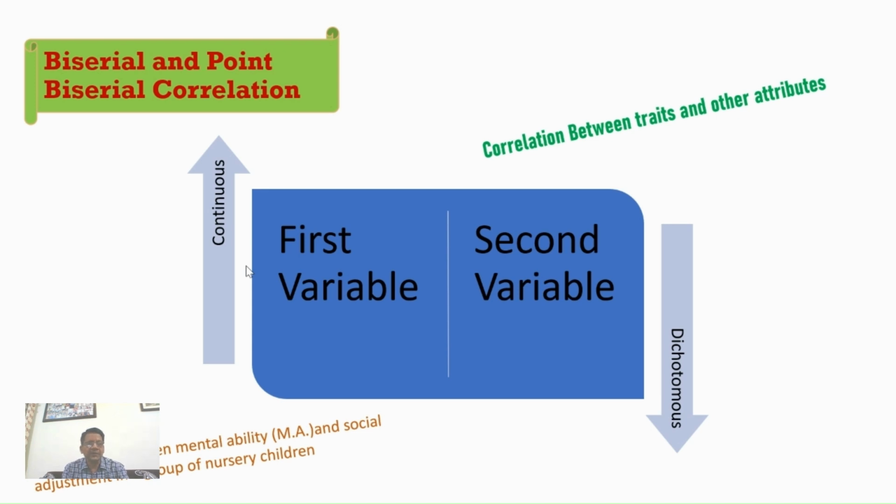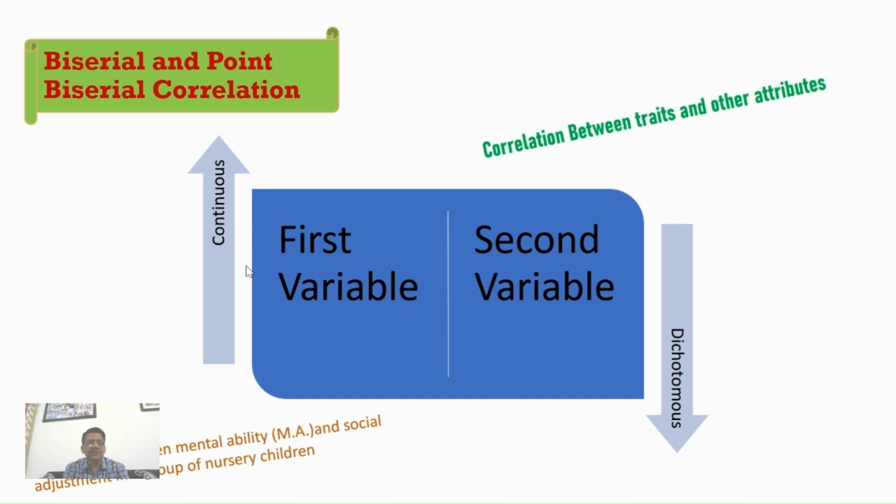In this case, mental ability is of continuous nature, and social adjustment is also of continuous nature, but it can be divided artificially into two parts: socially adjusted and socially maladjusted.